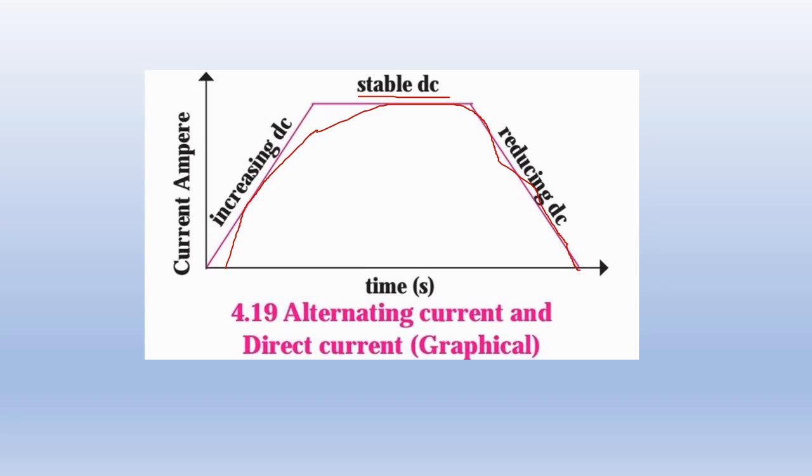Now again after reaching the maximum the alternating current will reduce. So accordingly we can reduce the direct current. So students, in this way we can represent the alternating current in the form of direct current. So first the direct current will increase, then be stable and will decrease.